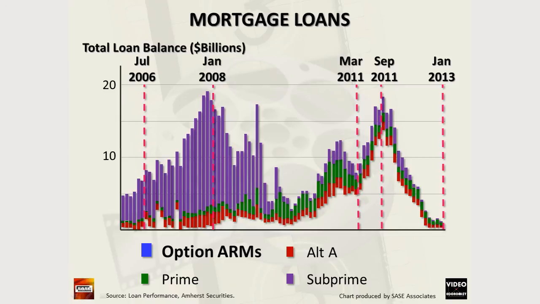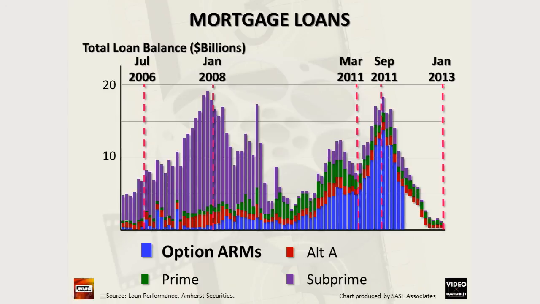And then what began to rise in the middle of the first decade of the 21st century were option ARM mortgages, adjustable rate mortgages, where the mortgage interest rate goes up or goes down with the prevailing interest rates set by the London Interbank Offer Rate.